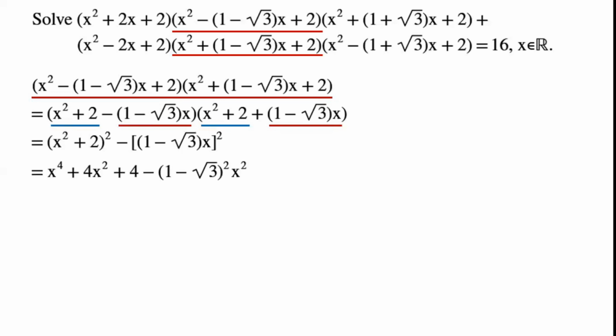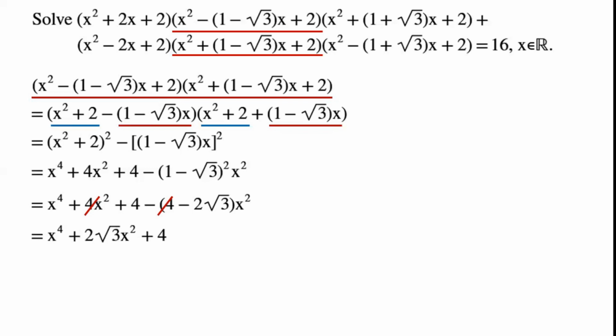Which can be written as x to the power of 4 plus 4x squared plus 4 minus 1 minus root 3 all squared times x squared. 1 minus root 3 all squared can be written as 4 minus 2 root 3. 4x squared and minus 4x squared cancel.